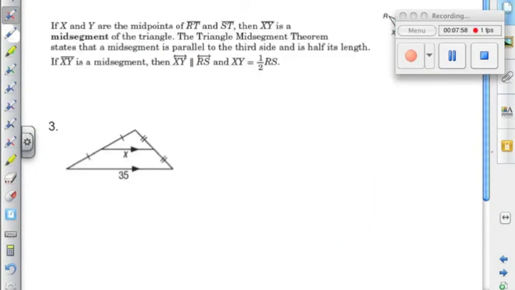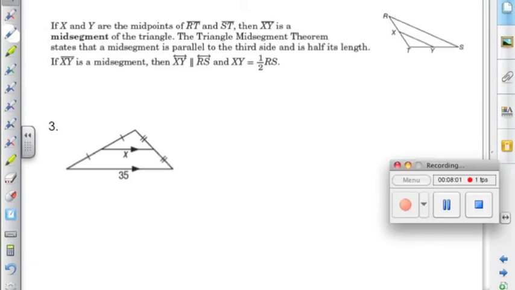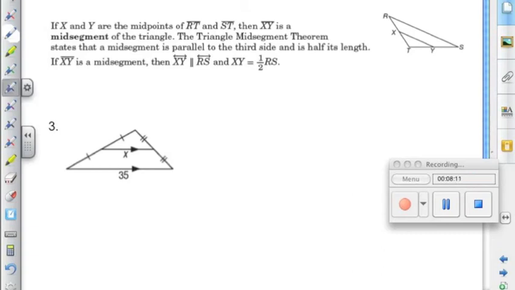Let's move on. It reads, if x and y are the midpoints of RT, okay, so these two are going to be equal, and y is also the midpoint of ST, so these two are going to be equal. Is the midpoint segment of the triangle.